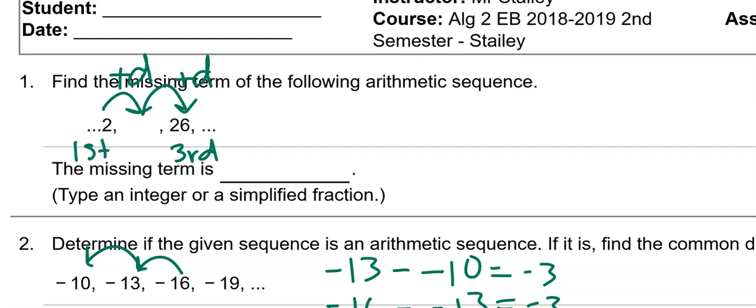How many times am I adding the D? Twice, right? So if you take the first term and you add 2 D's, you end up with the third term. So we could actually set up a little equation like this. First term plus 2 D's gives me the third term. See if you can figure out what the middle term is now that you have that equation.